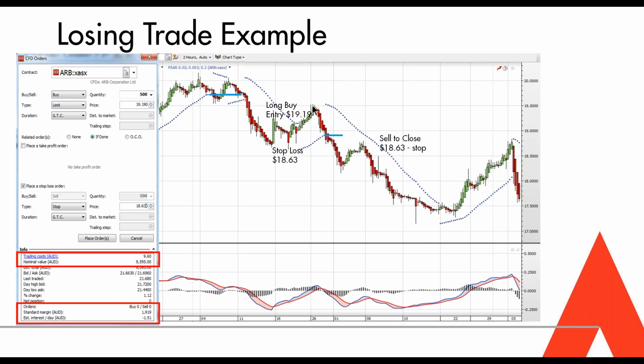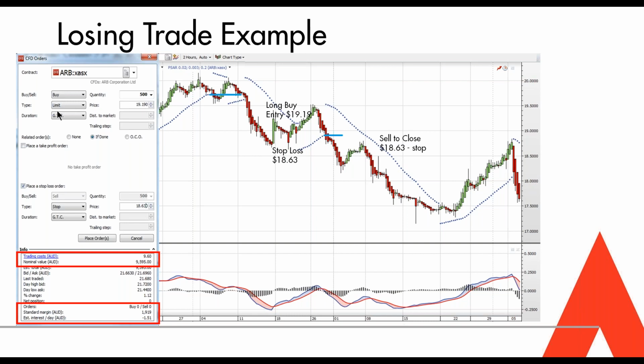So you notice that the market went up, and then we did have a reversal that we weren't expecting. Market falls down and we sell at our stop at 18.63. So notice our trade was calculated and entered when we opened the trade.